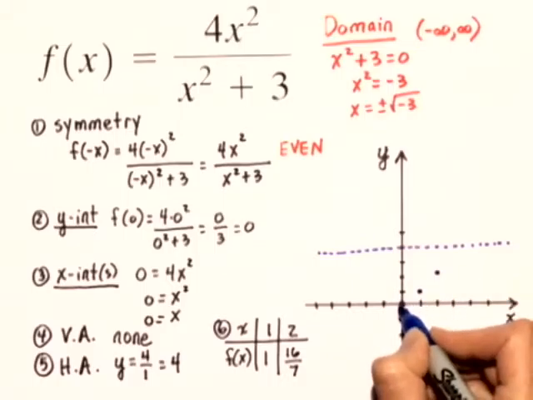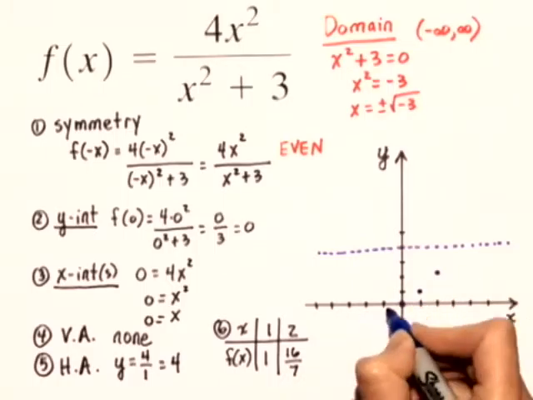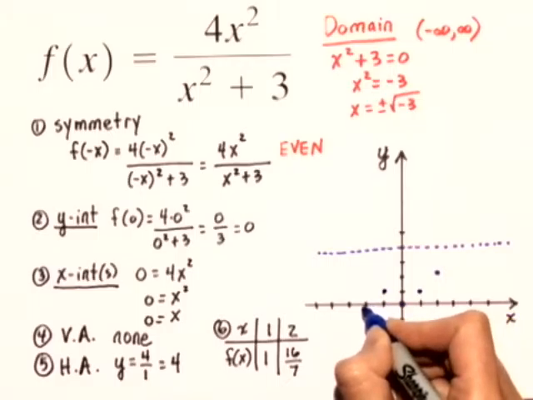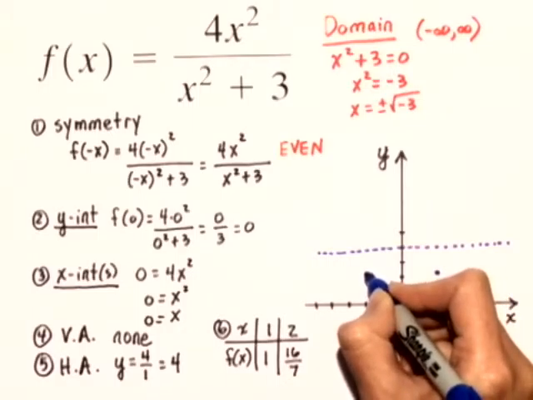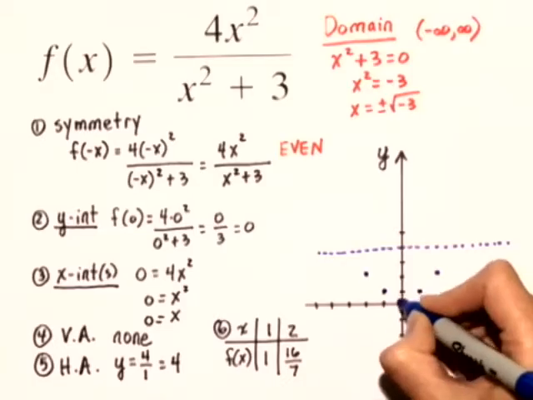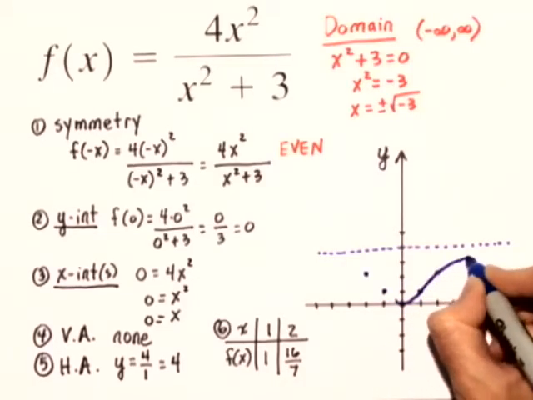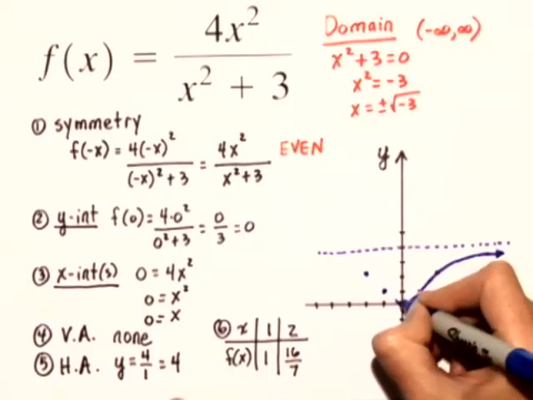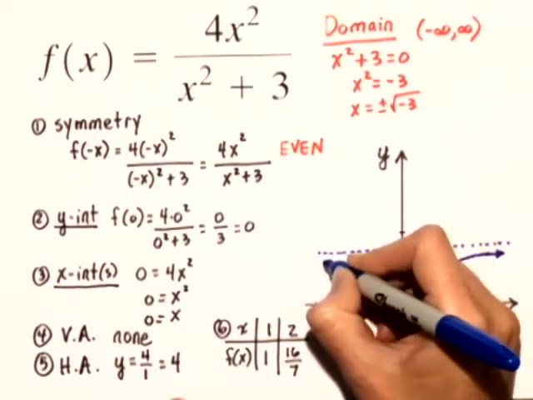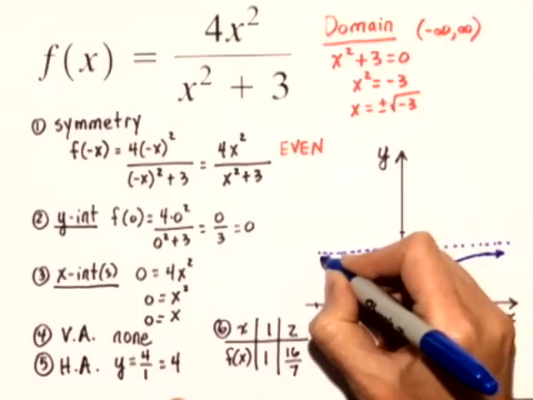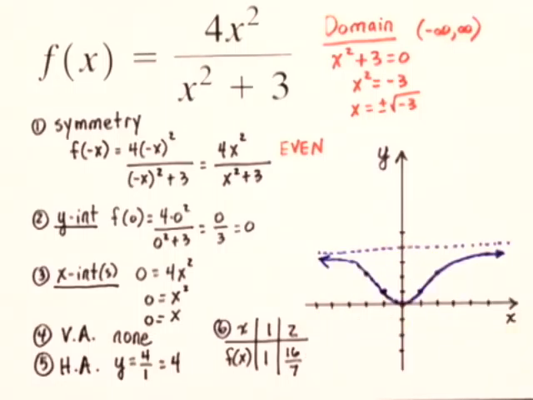So by symmetry, we can plot the point negative 1, 1, and also negative 2, 16 over 7. And then we'll sketch these with a smooth curve. We know it's going to tend toward the asymptote, and it's symmetric. So here is a sketch of our rational function.